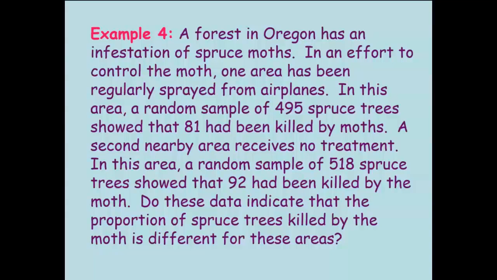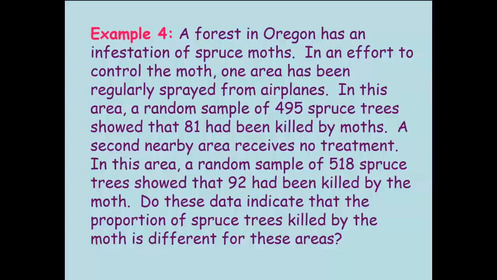Okay, so let's remind ourselves of the process. We're going to do assumptions, set up our hypothesis statement, work out the calculations, and then make a statement of conclusion. So assumptions. Do we have two independent samples, two SRSs? And it actually does say in the problem that there are SRSs.